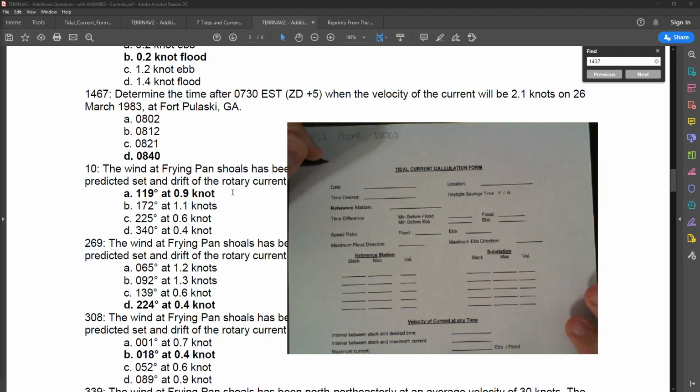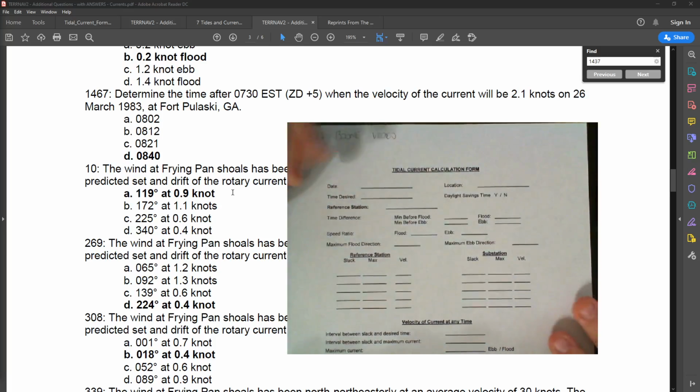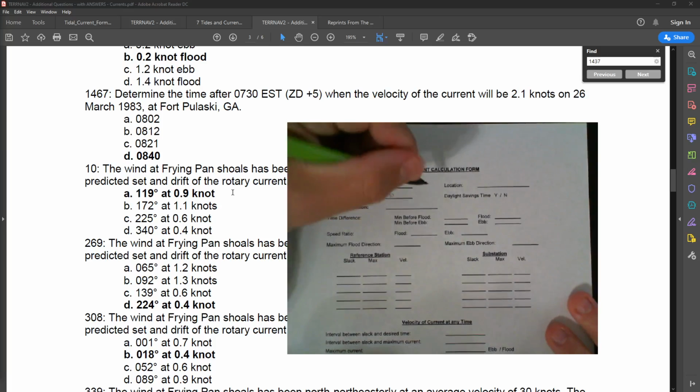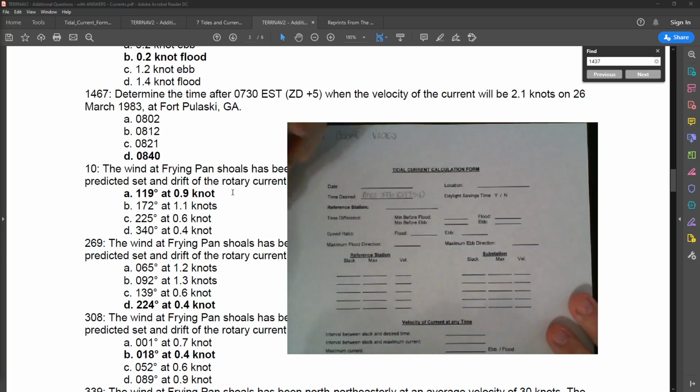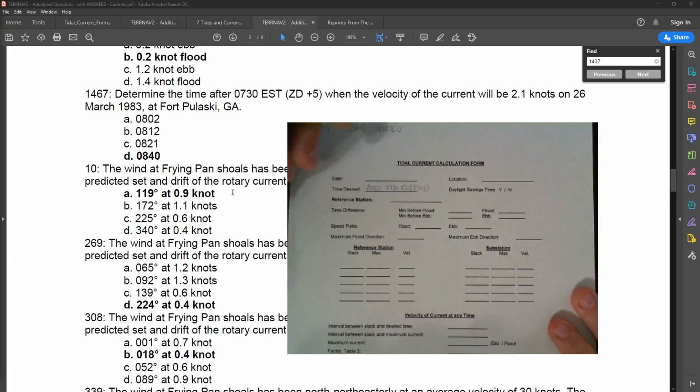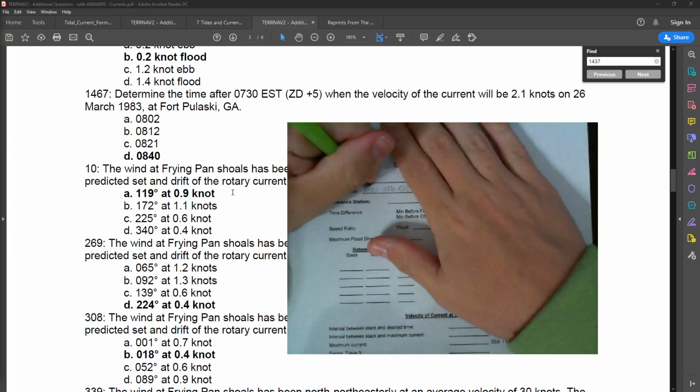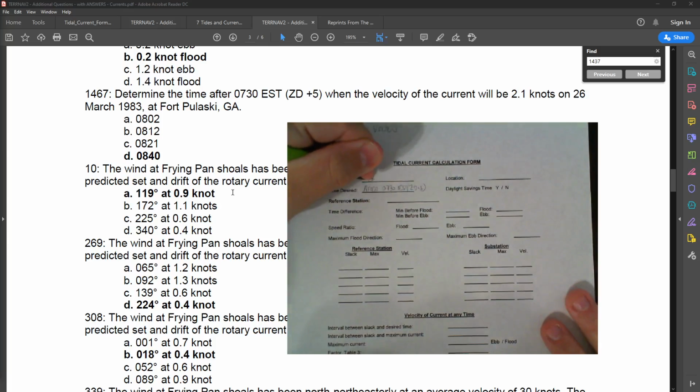1467 says, determine the time after 0730 Eastern Standard Time, ZD plus 5, when the velocity will be 2.1 knots on 26 March in Fort Pulaski.